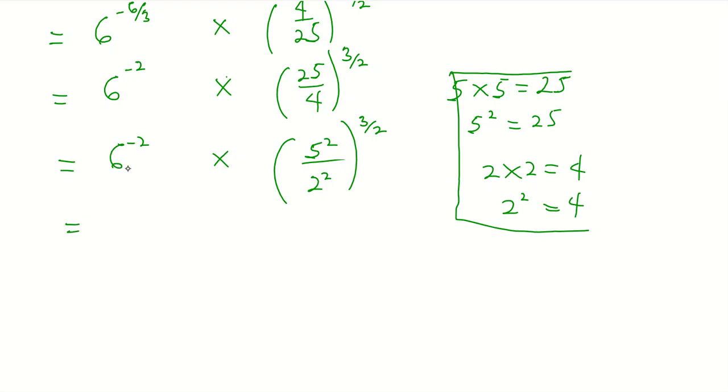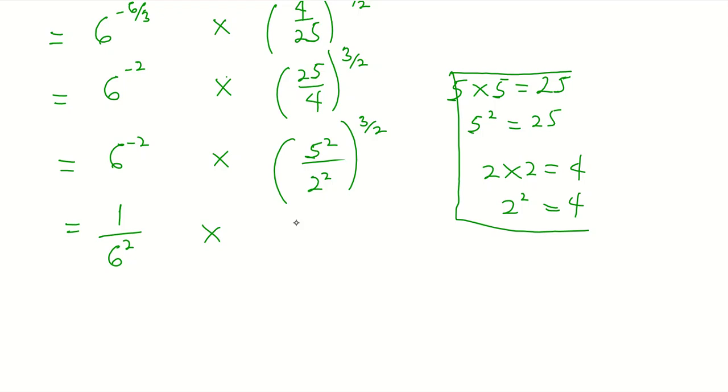And we know 6 exponent negative 2 can be written as 1 out of 6 exponent 2. These are the application of the properties and the laws of indices. So if you have not watched the video on that, kindly watch that video. And so we have times. Now we can see that the exponent 3 out of 2 is going to affect the base and the exponent in the bracket.